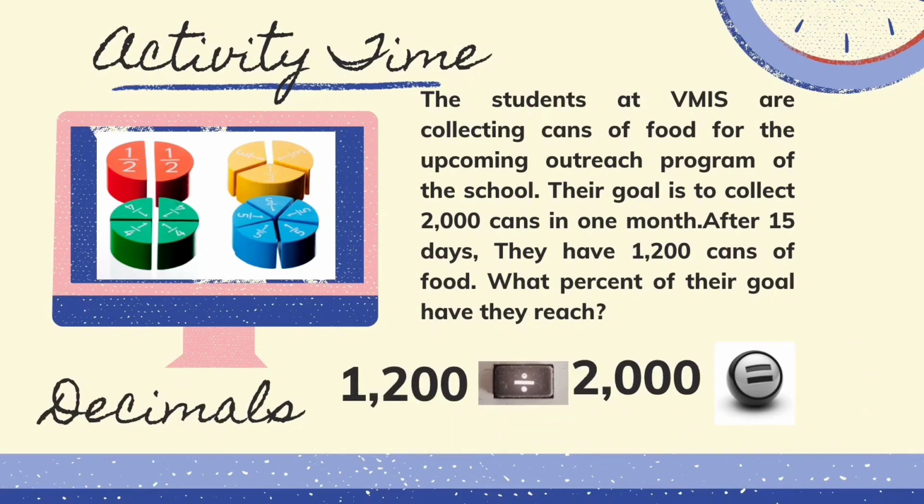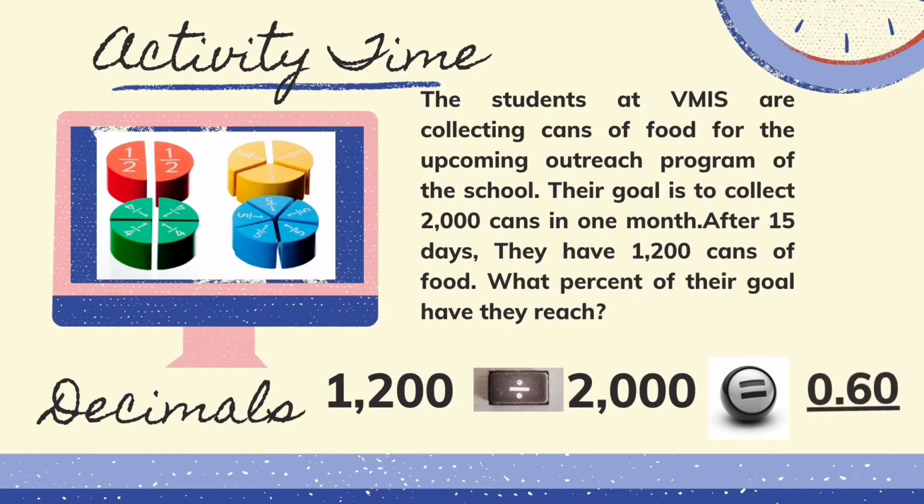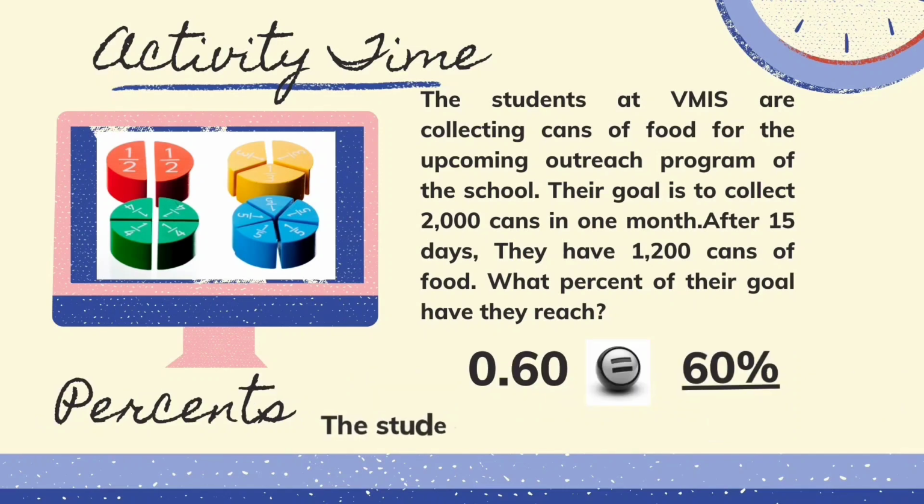Next, we convert the fraction into decimals. How do we convert it? We just divide 1,200 by 2,000, so the answer will be 0.60. How do we convert decimal into percent?